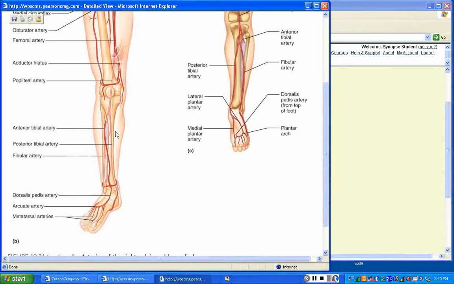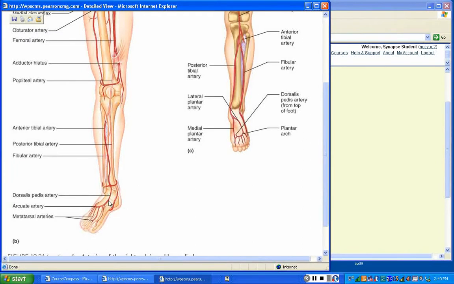That is called the fibular because it follows the bone. It goes towards the bone, the fibula. And then on the foot, there's a little loop that we like to call the dorsal pedis, or as the book says, dorsalis pedis. I'm okay with dorsal pedis. And those are the blood vessels of the lower leg.